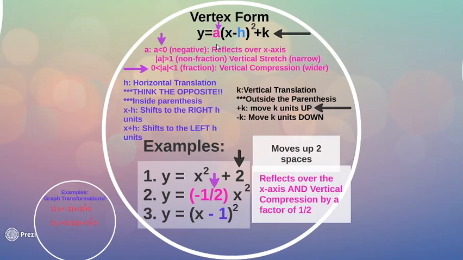Okay, so this one has two transformations in one, which is pretty cool. So again, the transformation: it reflects over the x-axis and is a vertical compression by a factor of 1/2. So that means it'll be half the height that it was, which will make it flatten out and get a little bit wider.